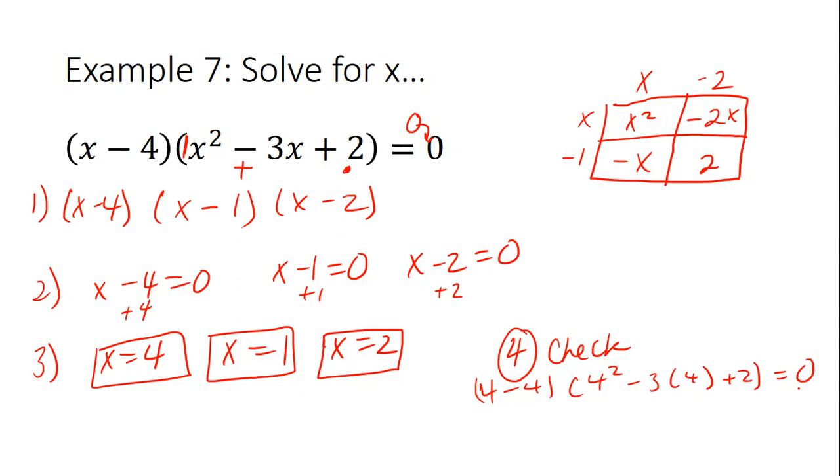And that would equal 0, because 4 minus 4 is 0, and 0 times anything is 0. Okay, and then you would plug in 1 for x, 2 for x, and repeat the same thing. You can only plug in one value of x at a time.